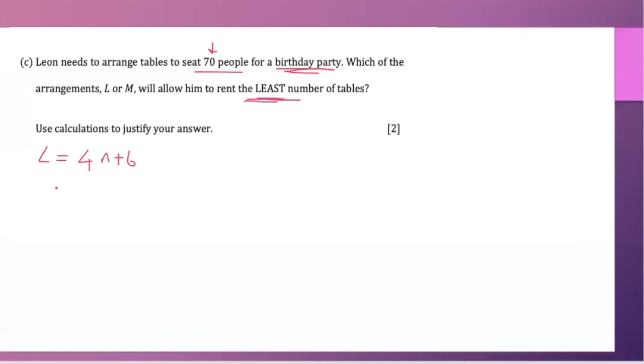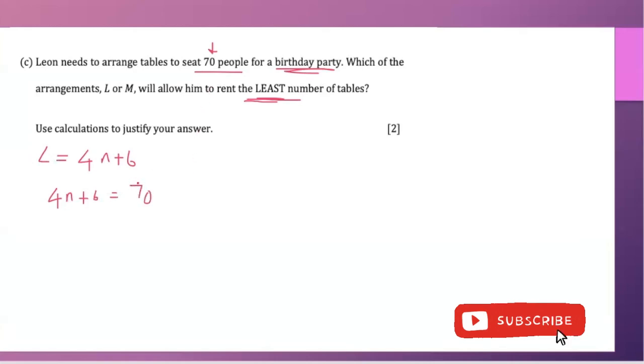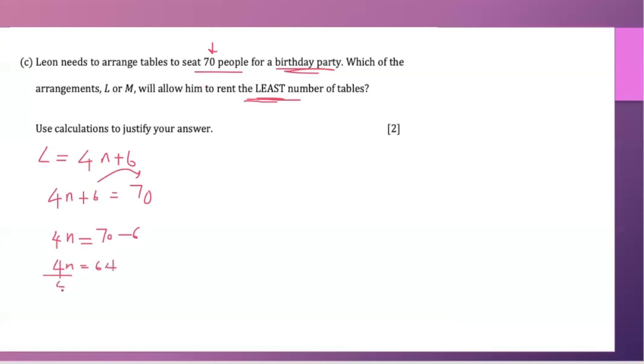So therefore, I would say 4n plus 6 is equal to 70. So that's the amount of chairs that I need. So carrying this over, I have 4n is equal to 70 take away 6. So 4n is equal to 64, and then divide both sides by 4. So n is equal to 16. So this means I will get 16 tables if I use arrangement L.